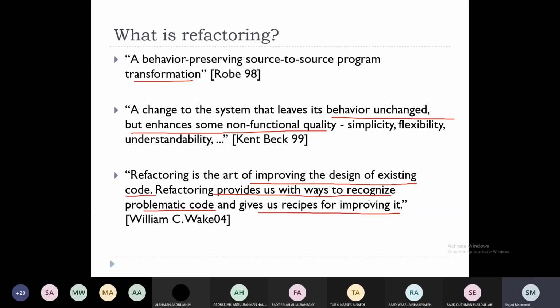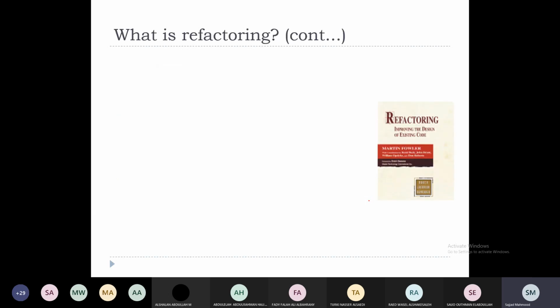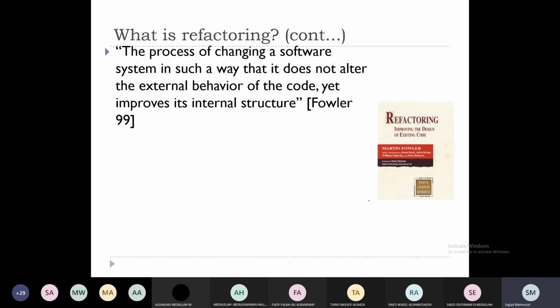Probably the clearest definition, and probably that's why it's the more popular definition, is by Martin Fowler, none other than Martin Fowler, who is like the godfather of this refactoring concept. He says it is the process of changing a software system in such a way that it does not alter the external behavior of the code, yet it improves its internal structure.